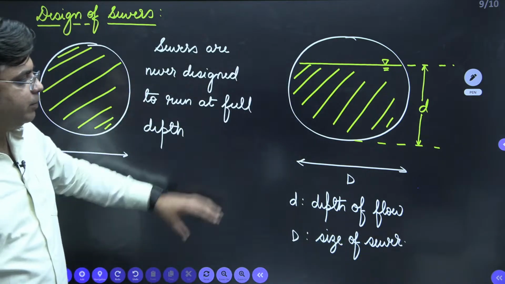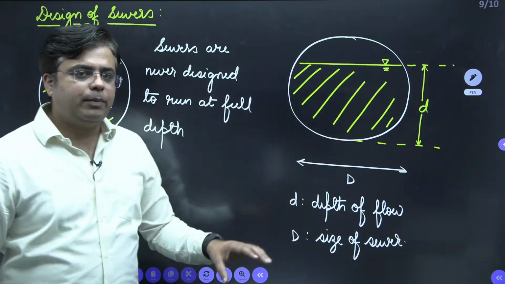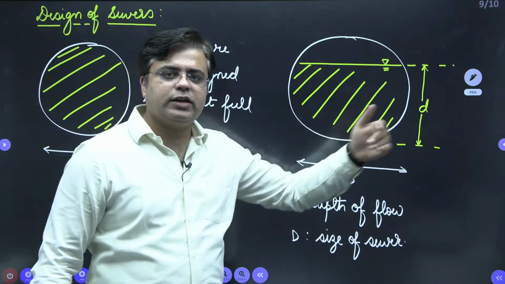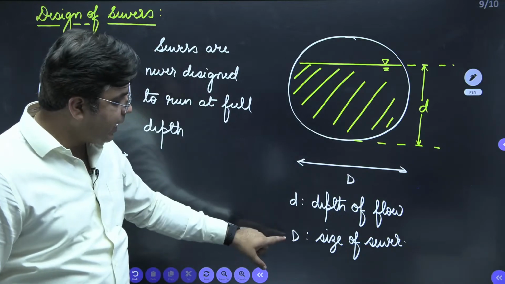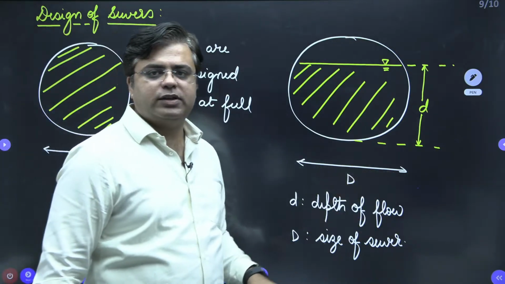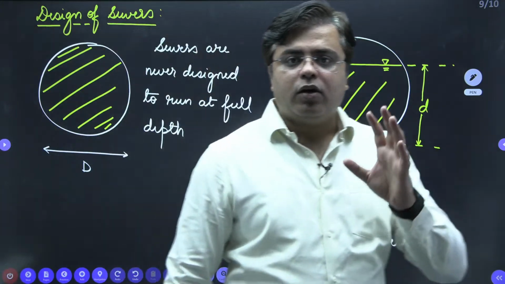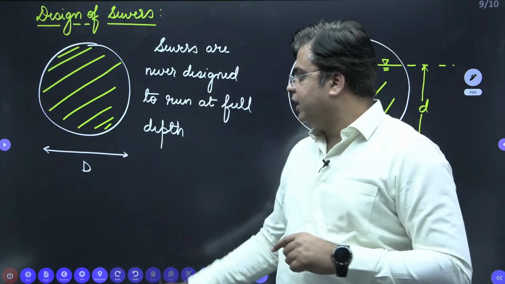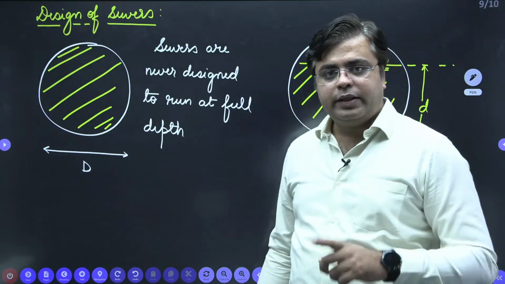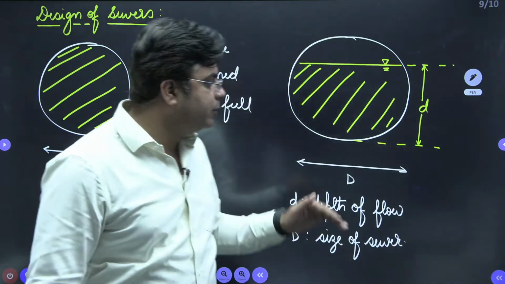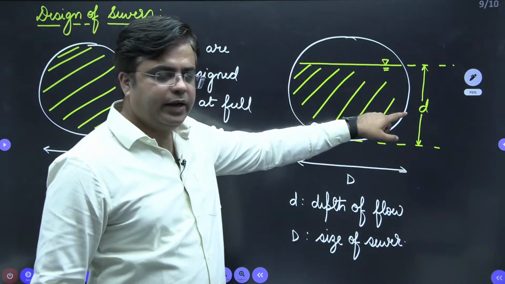Small d is the depth of flow. Depth of flow means up to what height the wastewater is flowing inside the sewer, and capital D is the size of the sewer. Okay. So first of all, sewers are never designed to run at full depth. They are designed to run at partial depth, which is small d.